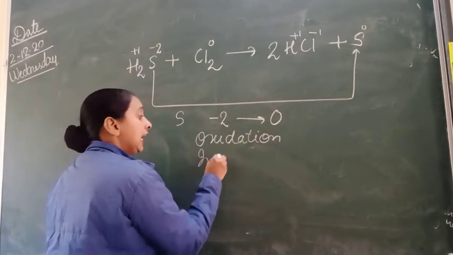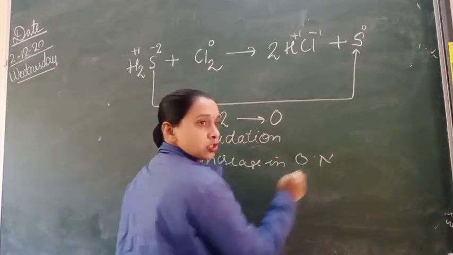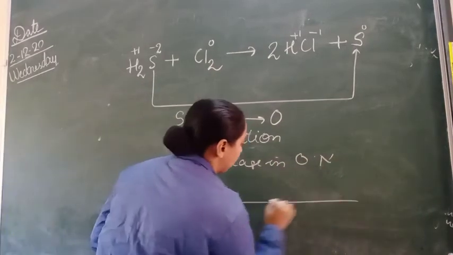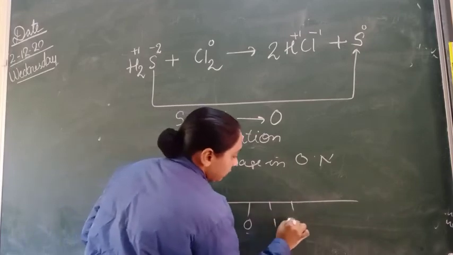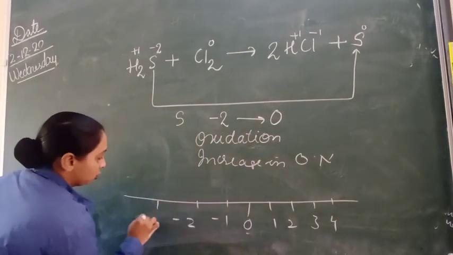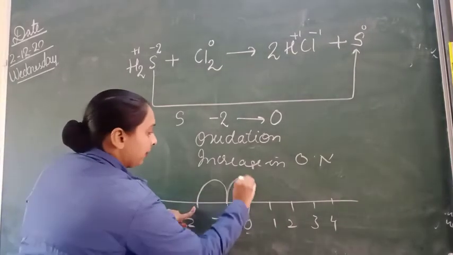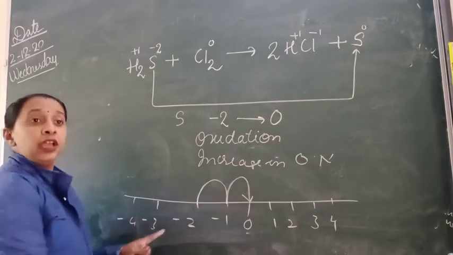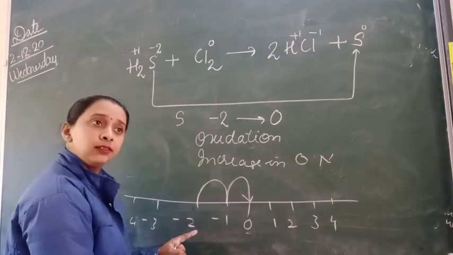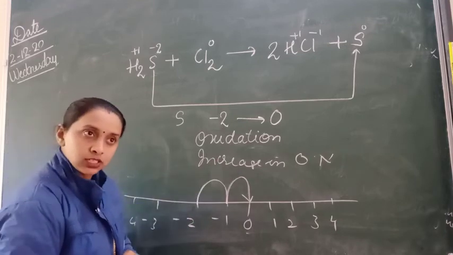Because there is increase in the oxidation number. Just see the number line. 0, 1, 2, 3 and 4. Here we have -1, -2, -3 and -4. See here. -2 से हम कहाँ जा रहे हैं, 0 की तरफ. It is increasing, है ना. The number is what, increasing. Hence it is what, oxidation.